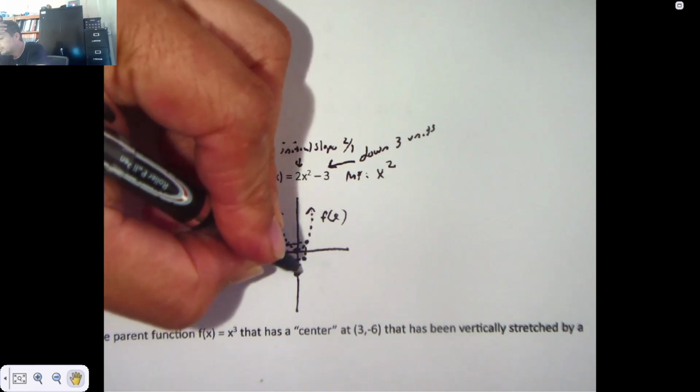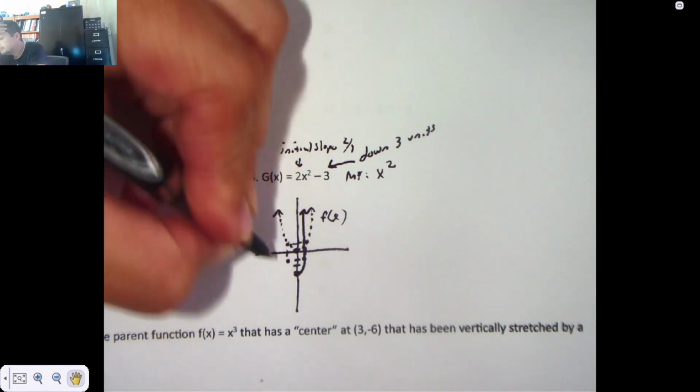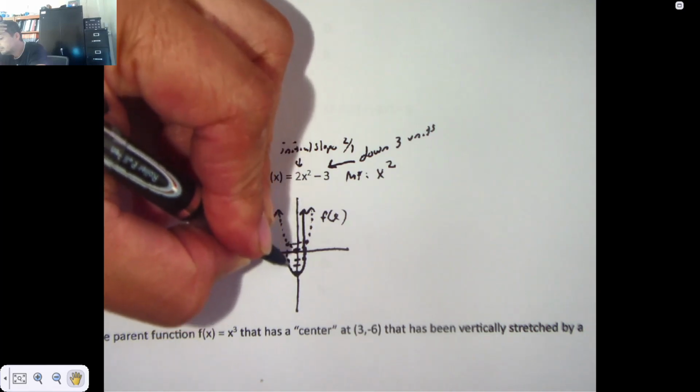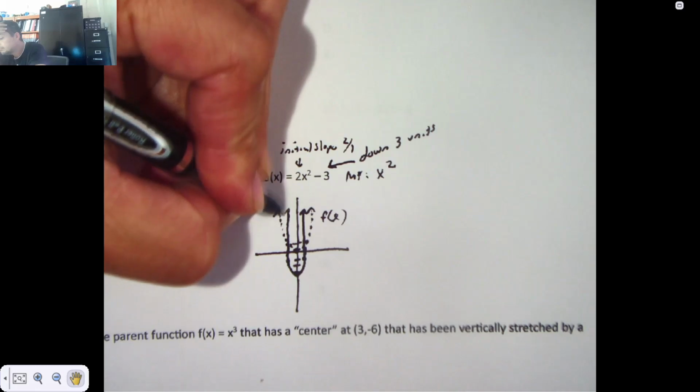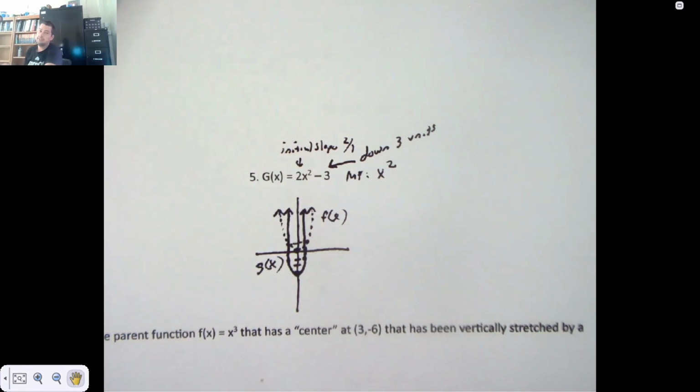And the child is steeper than mom. It's actually going to come up in between. And that is the child, g of x. That's all you're doing. Child is steeper because you got that vertical stretch, 2 to 1. Looks something like that.